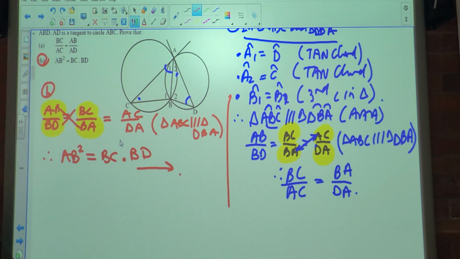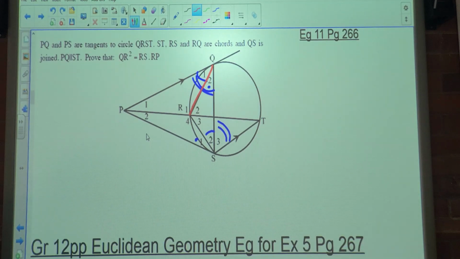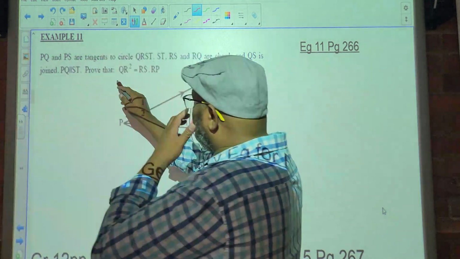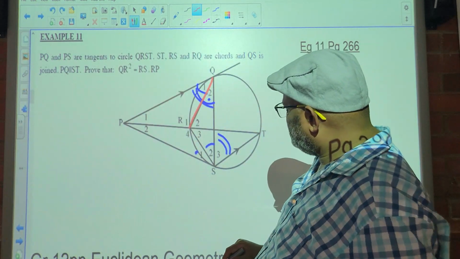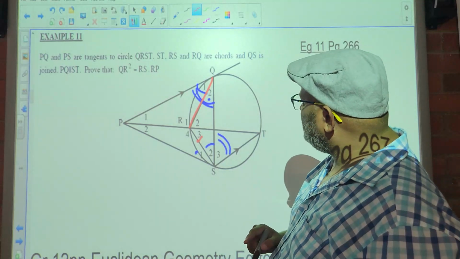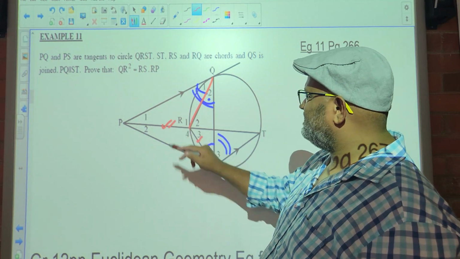It is when I cross multiplied it. So I'm going to do the same here. I must cross multiply somehow. So QR, RS, where's RS? This is RS, so I must pick that one up. And RP, which is this length here, so I must pick that also up.